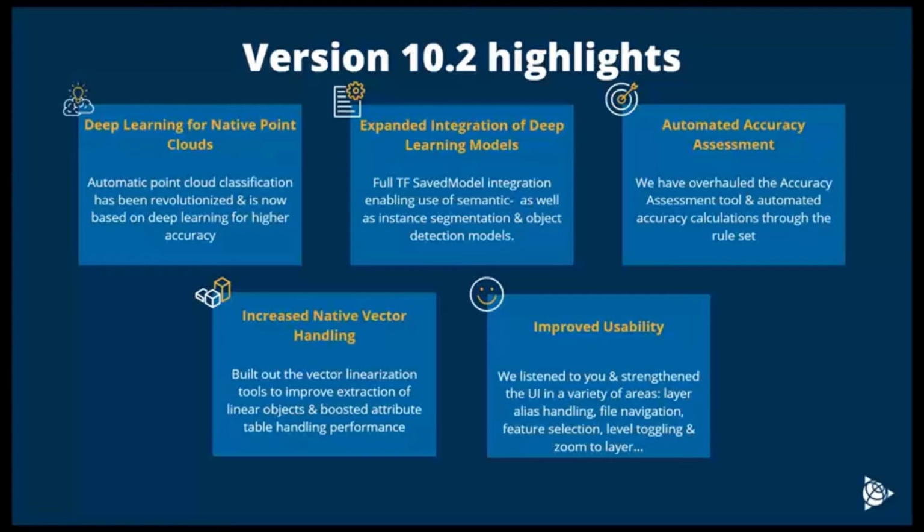Level toggling is back. You can now just click on and off between your different levels. And then we also have a new function, zoom to layer, which is maybe a little late to the field, but you can now right-click the layer you're interested in, and it'll show you directly the maximum extent of that layer.